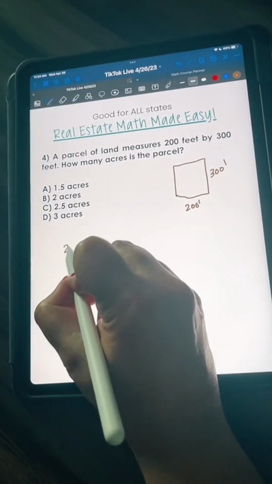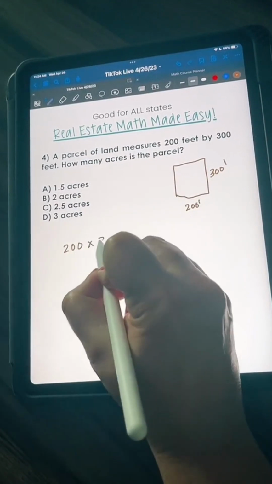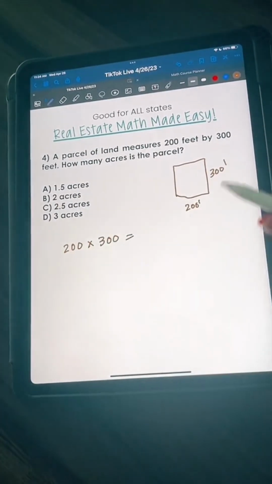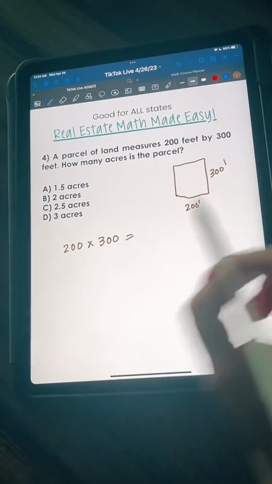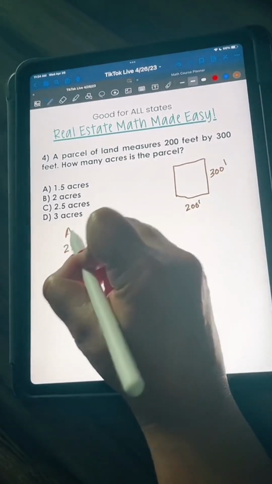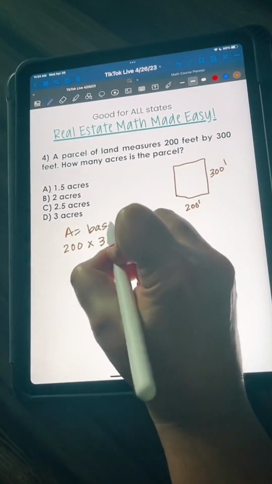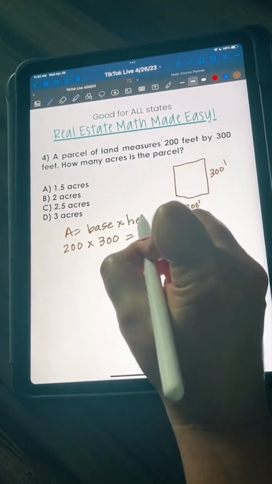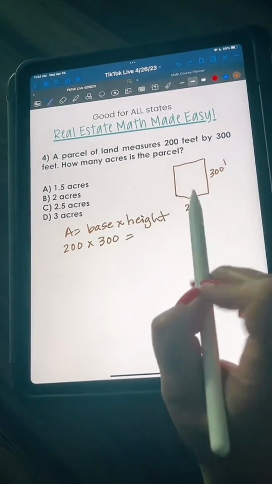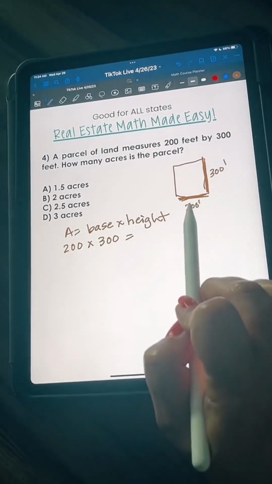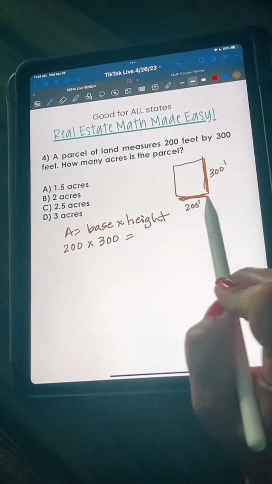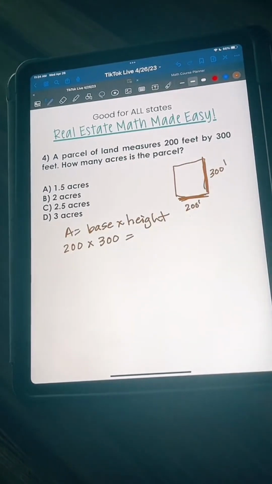So we have 200 times 300, because we have to find the area of this. When you find the area, we're going to multiply, because area equals base times height. This is your base and this is your height, or this is also called frontage and this is the depth.